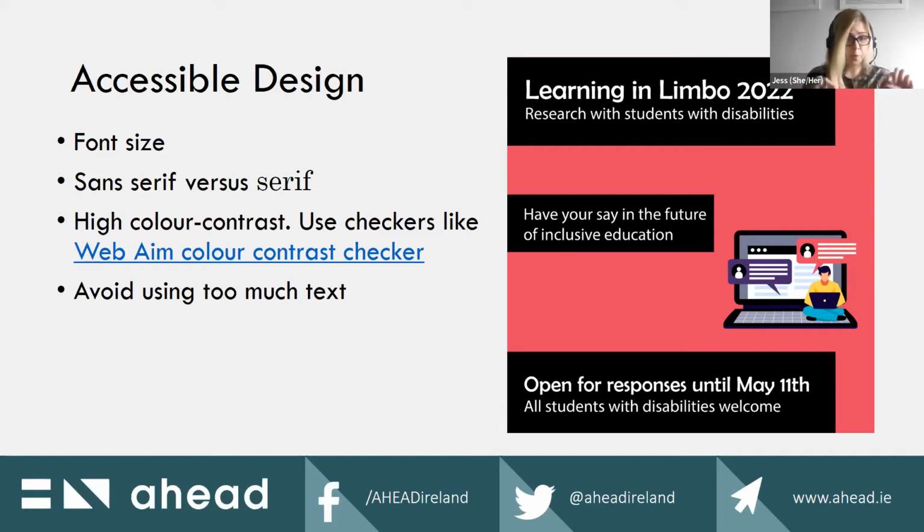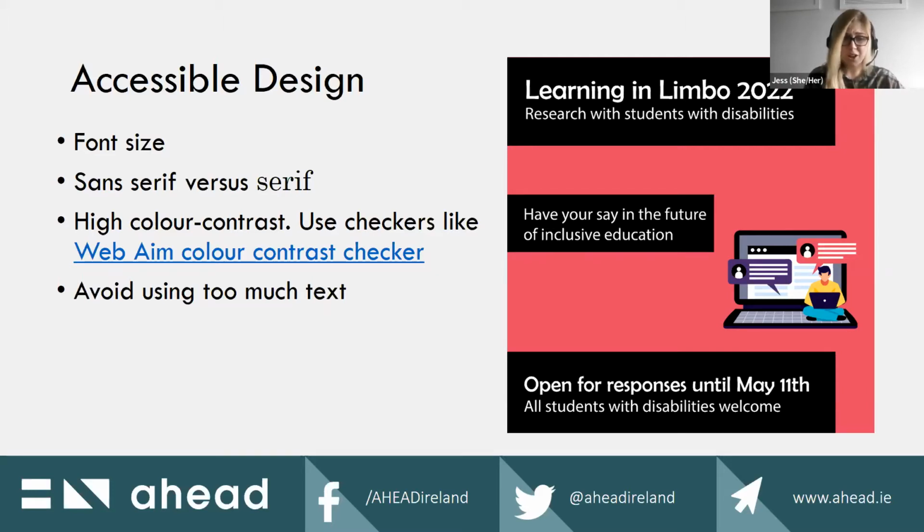So just drop bars or boxes or any kind of shape on top of your main color image that's either black or white, and use black or white text, so that you get to use your brand colors, but also make sure that it is still legible for anyone who has color blindness. And equally, the higher color contrast there is between your text and your background color helps us all to read. So if you do need to work around your brand colors, this is a good way to do that.